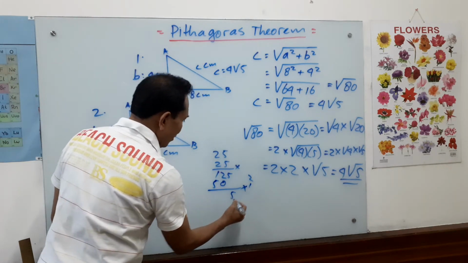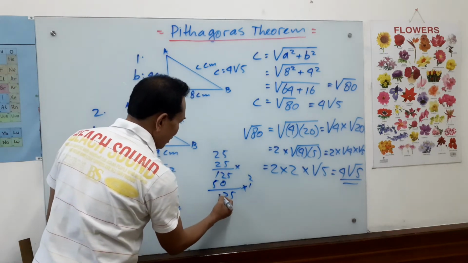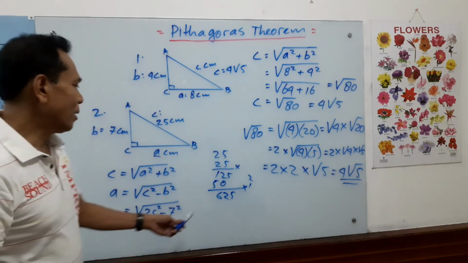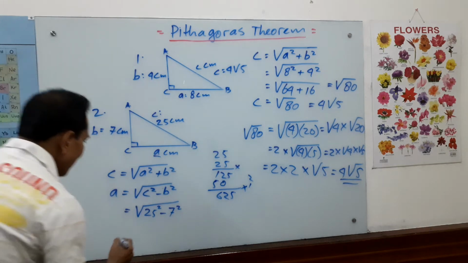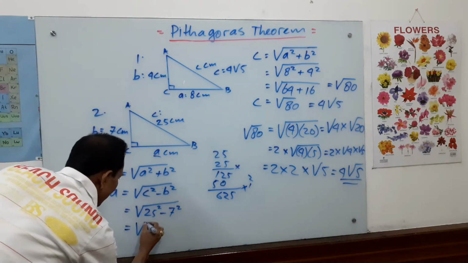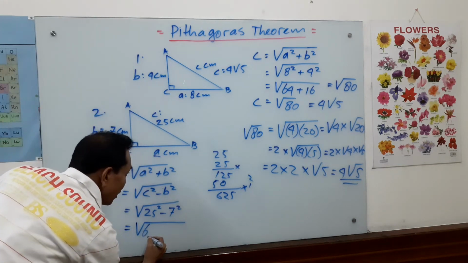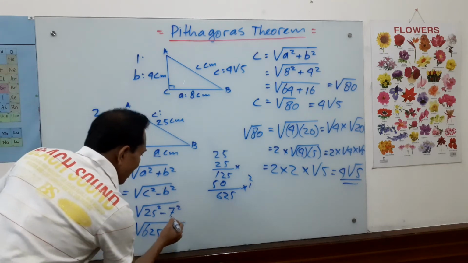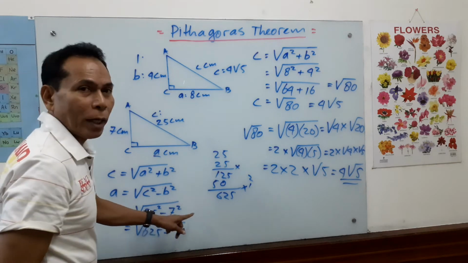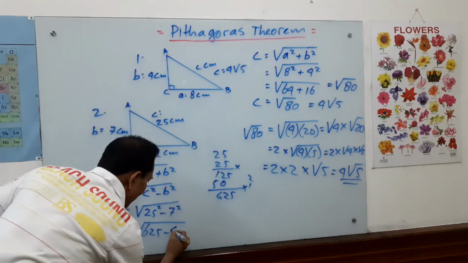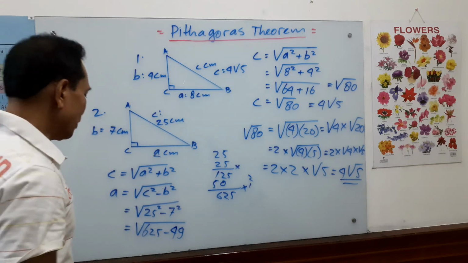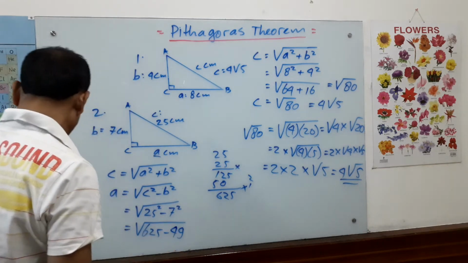So we bring down 5, this 2, this 6. So 625. What we have here is the square root of 625 minus 7 square, which is 49. 7 square is 49.